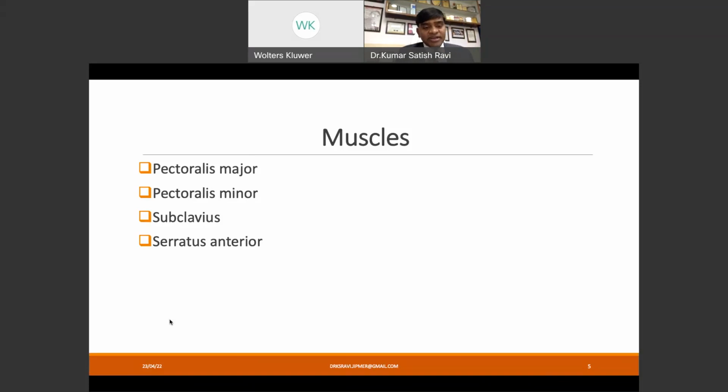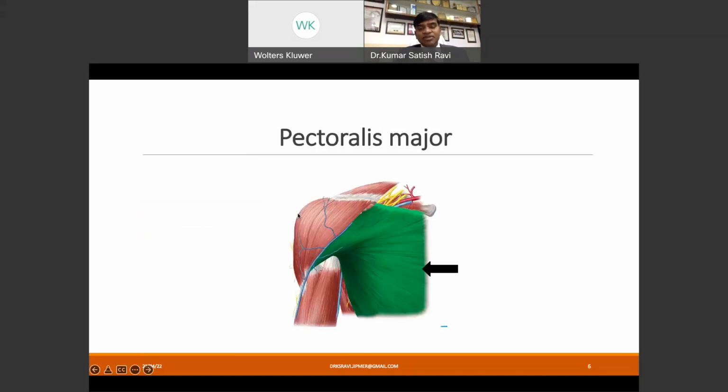The very first muscle we will discuss is the pectoralis major. The pectoralis major muscle arises by three heads: the clavicular head, the sternocostal head, and the aponeurotic head. In this diagram, you can see the clavicle.